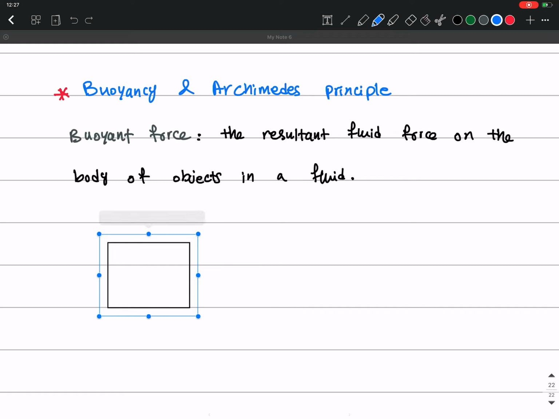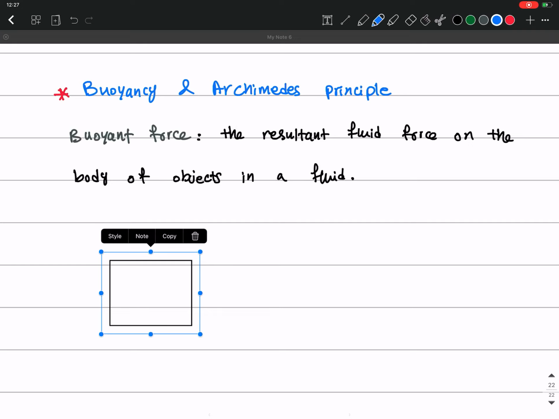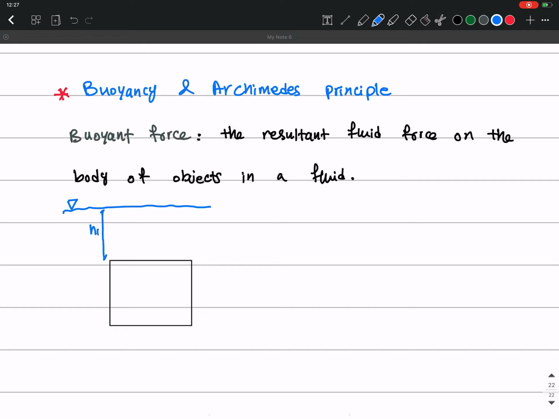Let me maybe just put it a little bit down. So we have water up to here. This is the free surface. And so this has h1 from here, and then h2 from here.